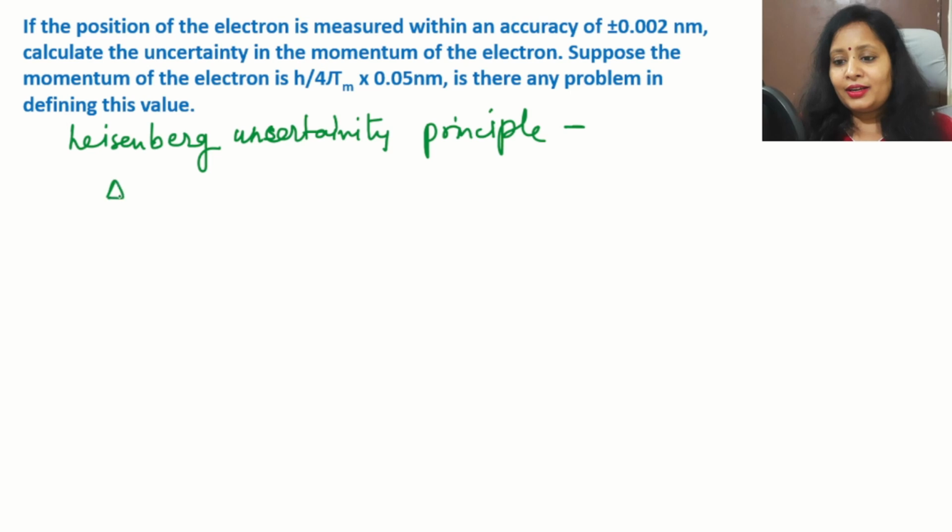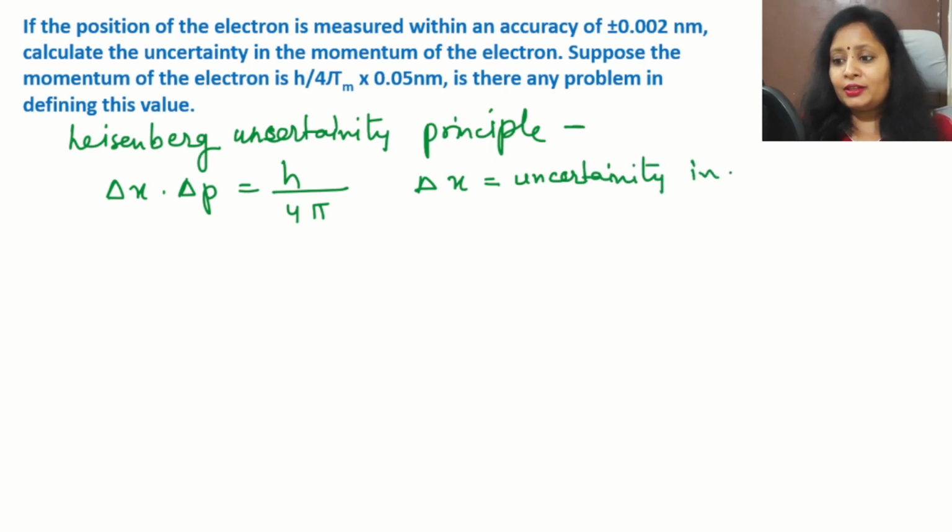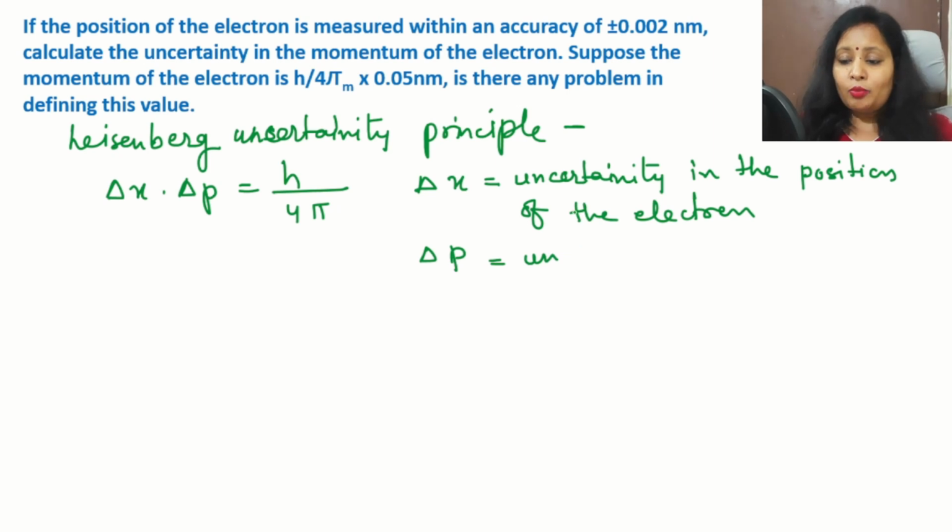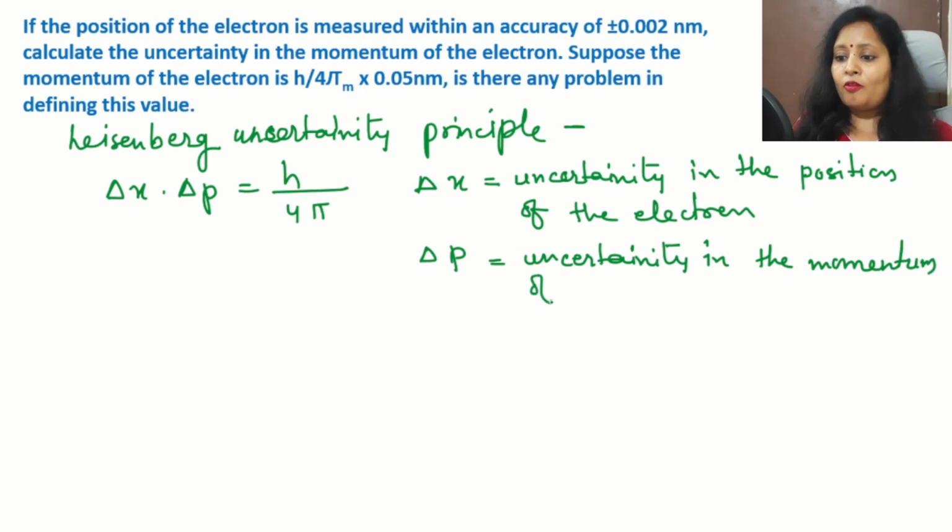It says that del x into del p is equal to h upon 4 pi, where del x is the uncertainty in the position of the electron, and del p is the uncertainty in the momentum of the electron.